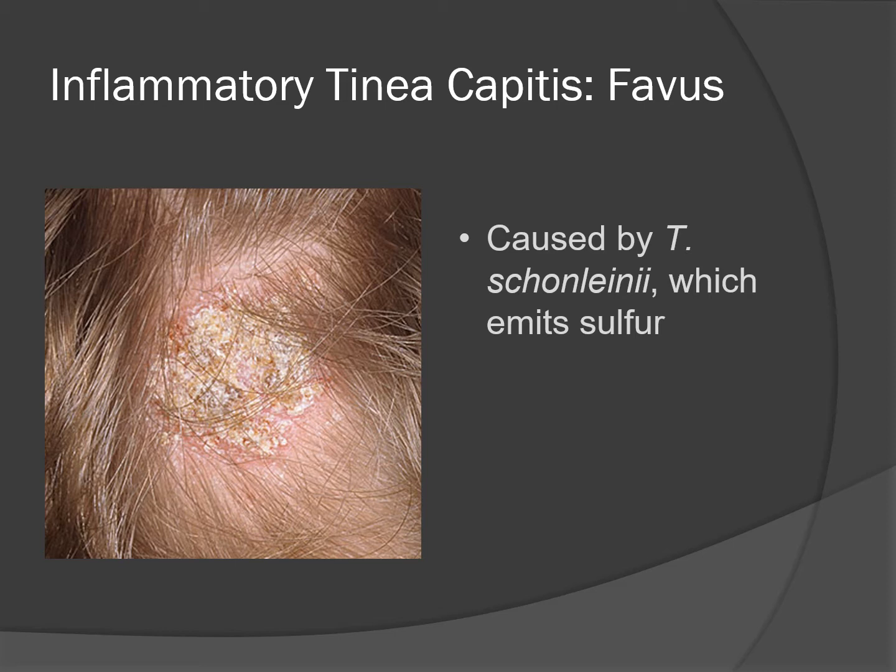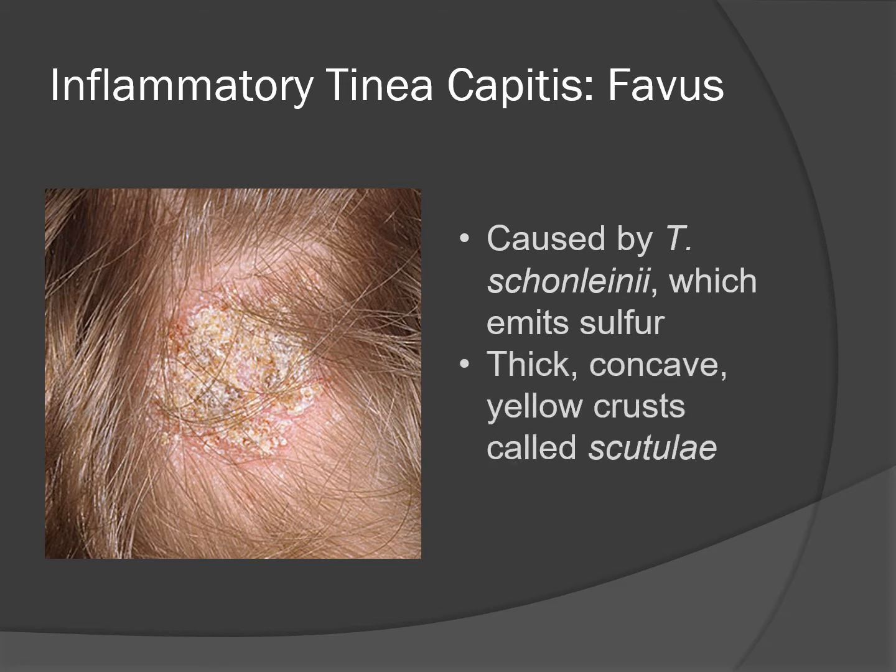And since we know that sulfur, when it precipitates, is yellow in color, that is why the favus is covered by these thick, concave yellow crusts called scutula, and leads it to have a very distinct appearance. Since it's an inflammatory type of Tinea Capitis, these lesions heal with atrophic scarring.